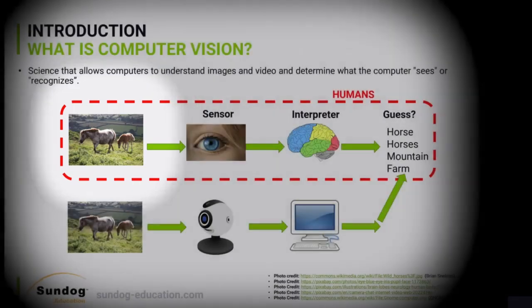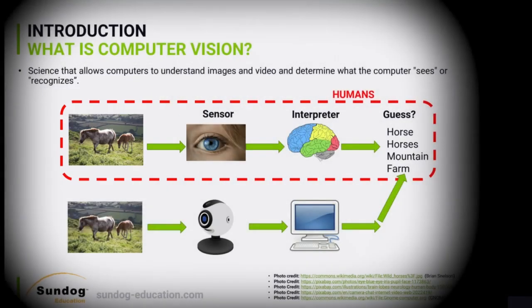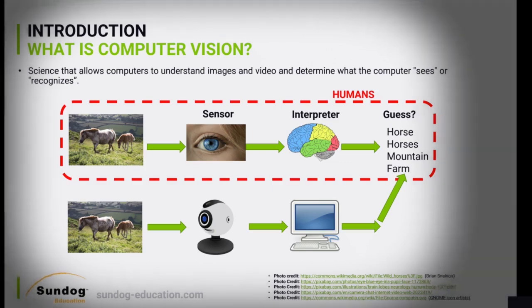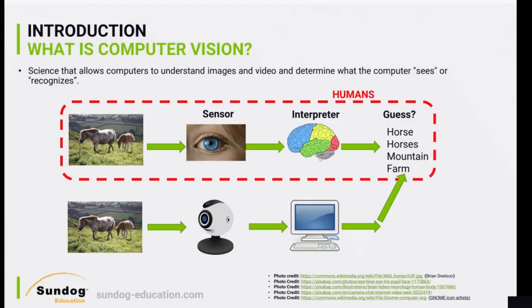The sensors that we use are obviously our eyes, and then all the data is sent to our interpreter, our brain, in our cortex. It can specify what we can actually see, classify what we see in the image, and tell us its guesses. So it might guess: we are seeing a horse, or maybe a group of horses together, or maybe a mountain, and maybe a farm, maybe all of them together, and so on. That's how humans in general perceive, understand, see, or recognize objects within an image.